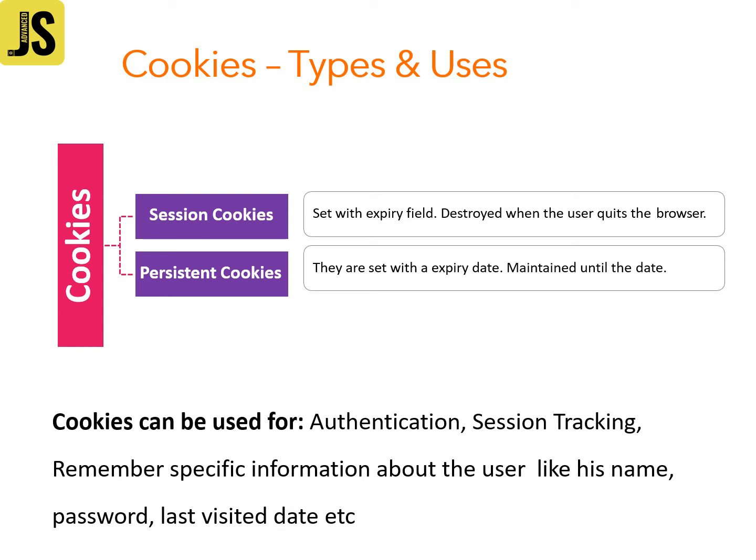Persistent cookies are cookies that are set with an expiry date. This type of cookie will be maintained until that particular date. Whether the browser is closed or open, only when that date is reached will the corresponding cookie expire.